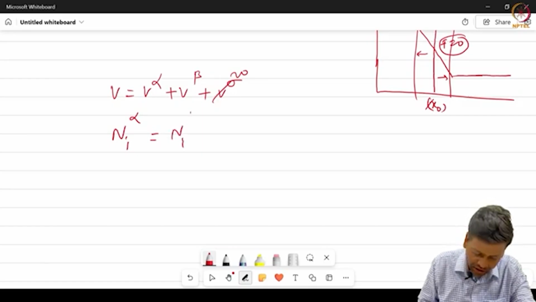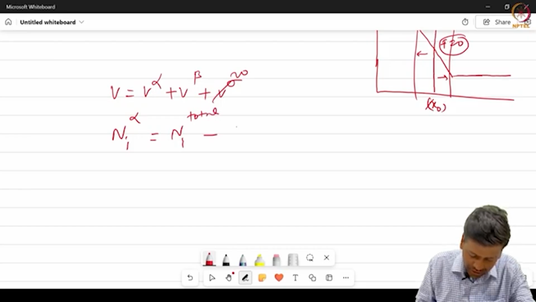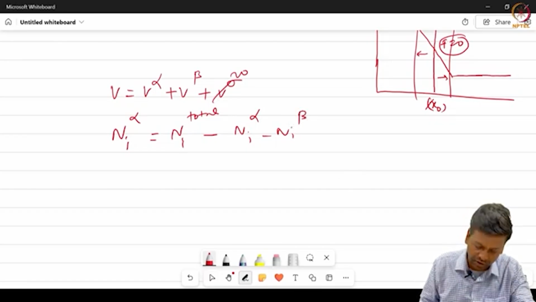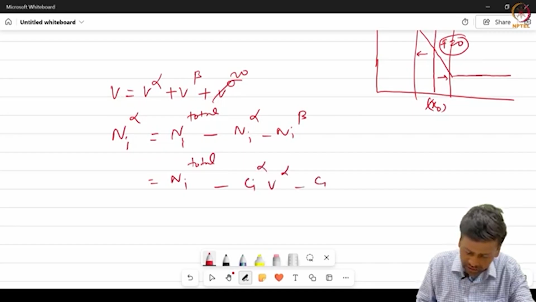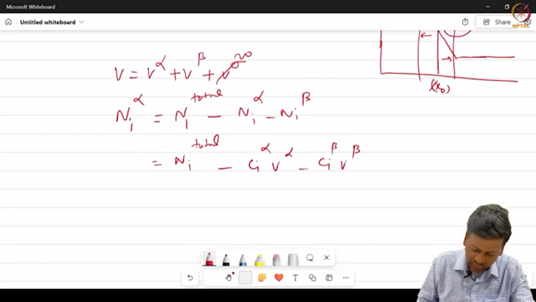So you will have Ni total minus Ni alpha minus Ni beta, right? Now if I convert this, Ni total as such, minus Ni alpha, I can write it as Ci alpha into V alpha minus Ci beta into V beta.